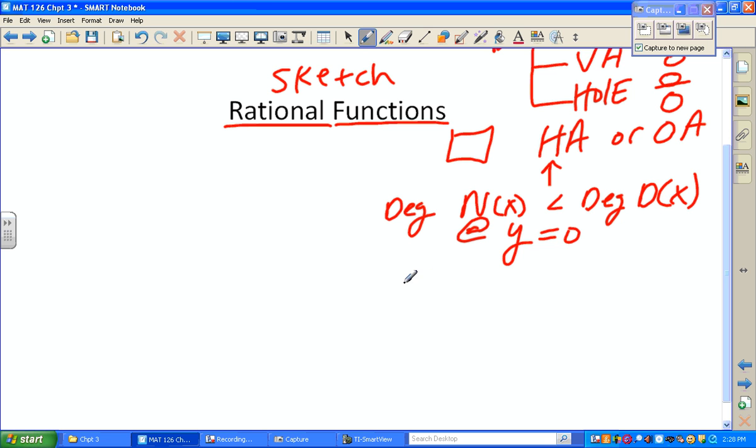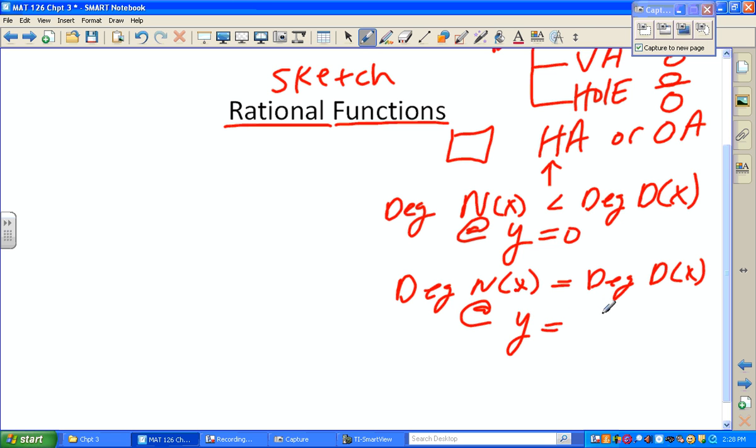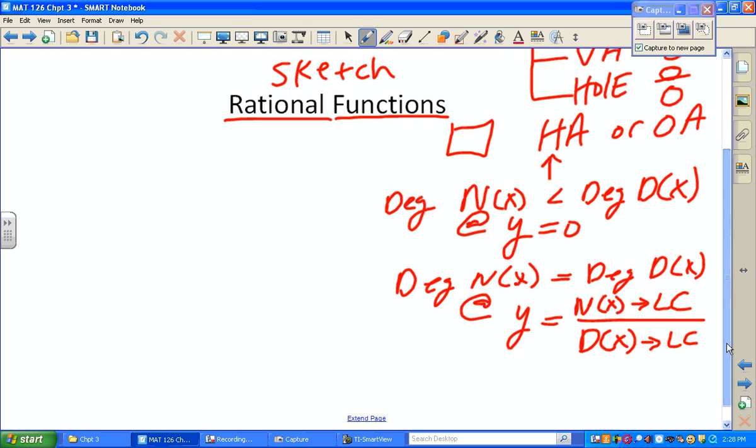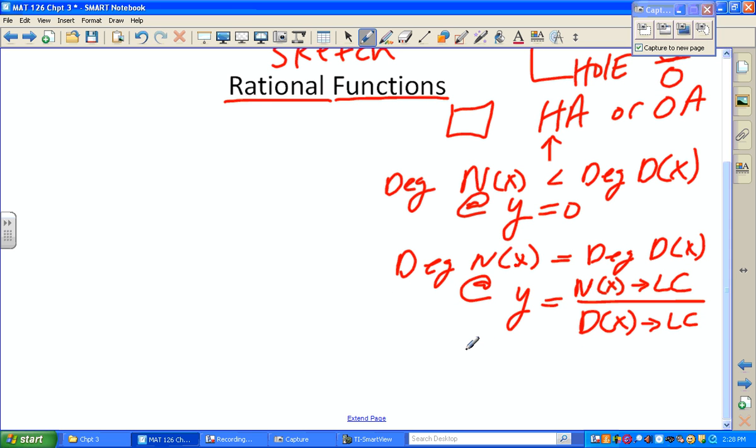If the degree of the numerator is equal to the degree of the denominator, automatically horizontal asymptote at y equals the numerator's leading coefficient divided by the denominator's leading coefficient. The coefficient is the big number out in front. The degree is the small number on the variable. That's second on our checklist.